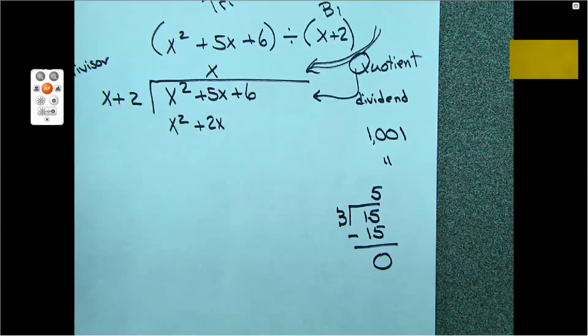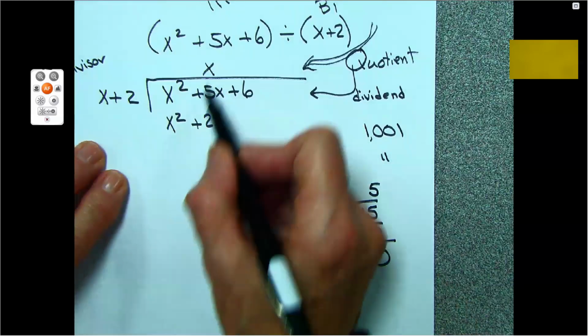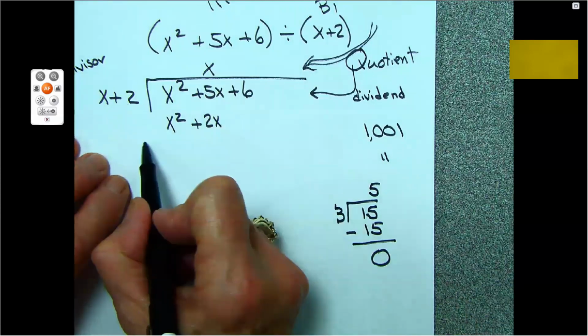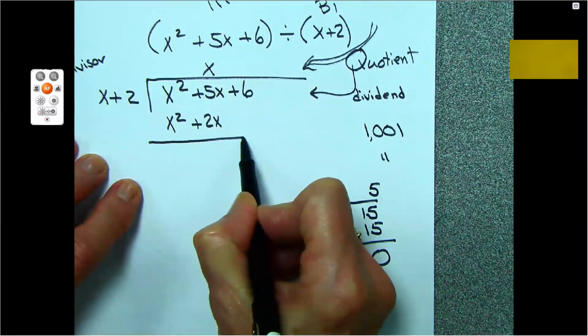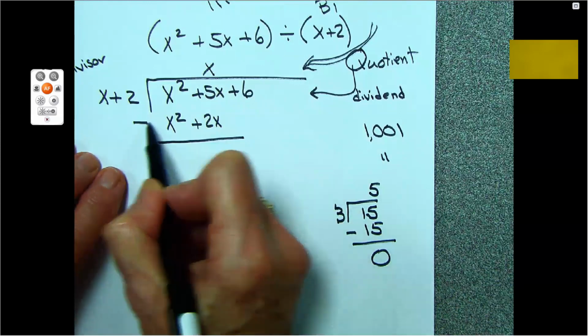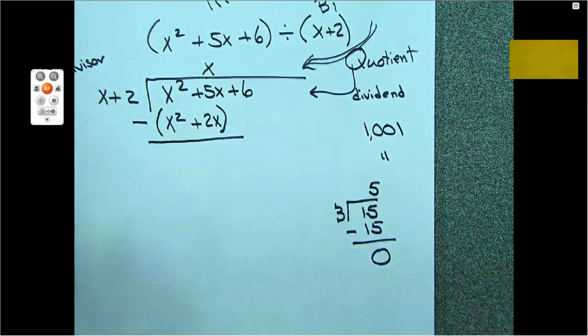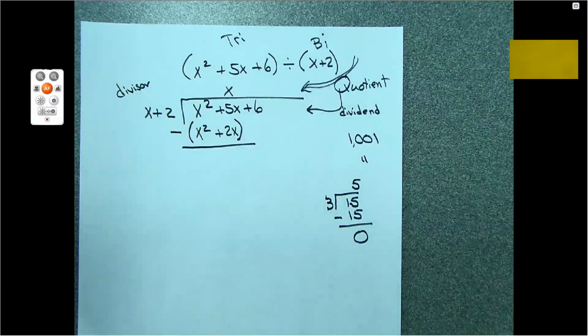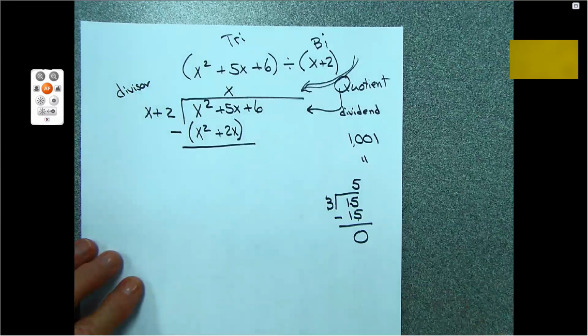Okay, mechanics are the same. So x times x is x squared, and x times positive 2 is 2x. We're going to draw our line and subtract the polynomial. So make sure you're managing, we're subtracting a polynomial now, not just a single term.